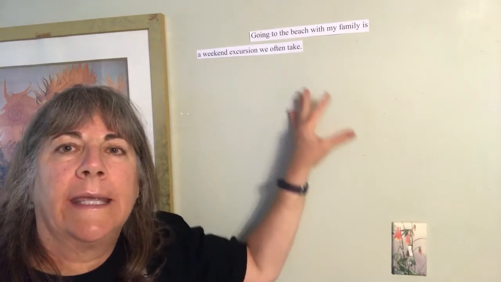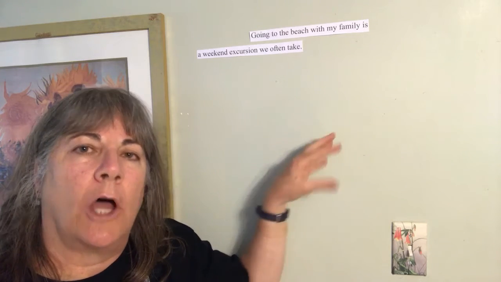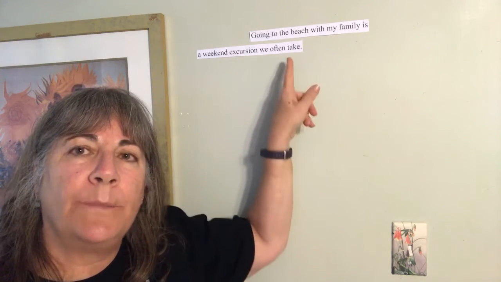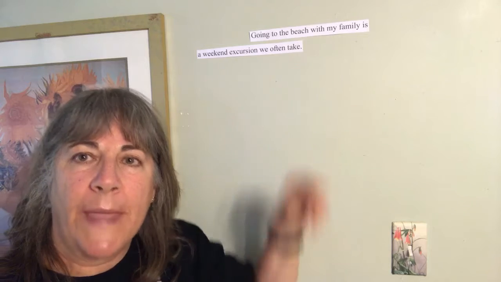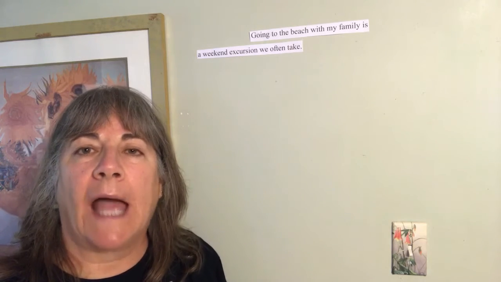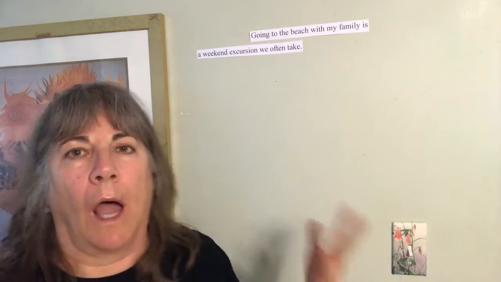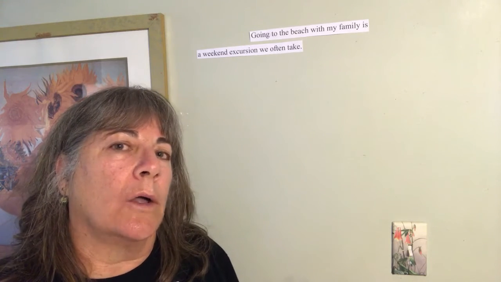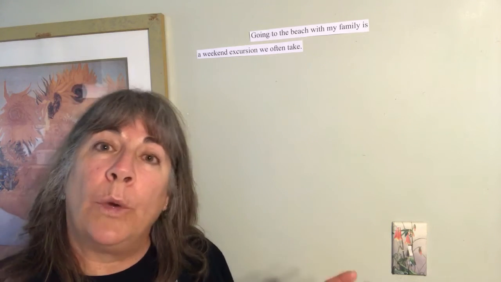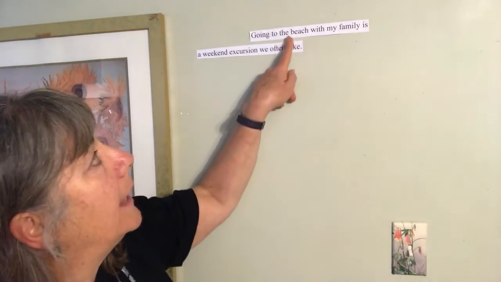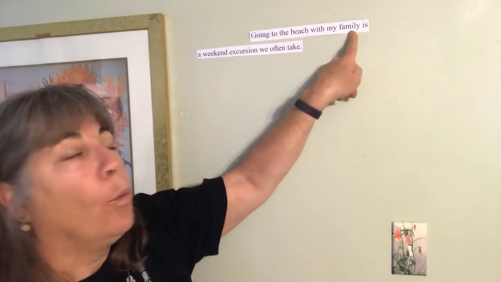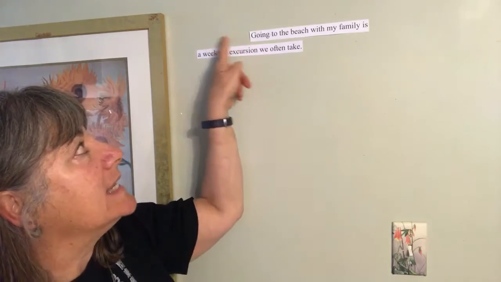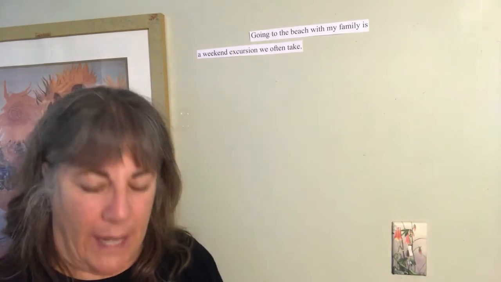Everything else here, all my details, all my other sentences are going to support going to the beach. That's what this entire topic is about. We do not want to talk about cars. We're not going to talk about going to the circus. It really is going to stay focused on going to the beach with family. And I did indent a little bit as if that were a paragraph.